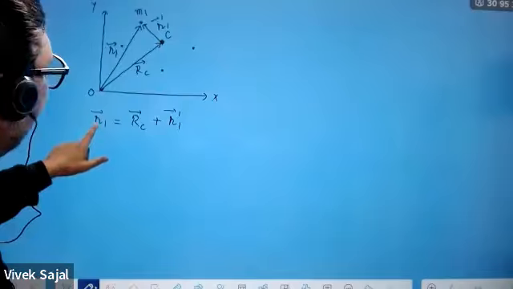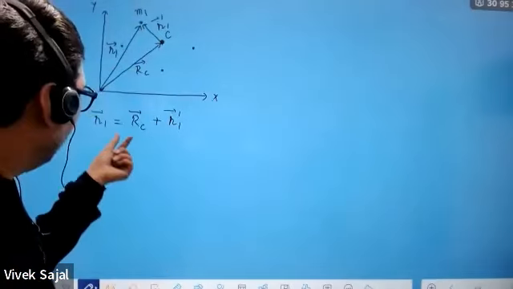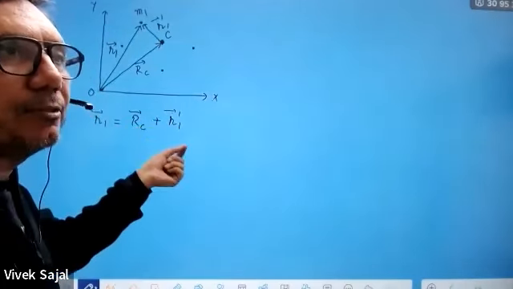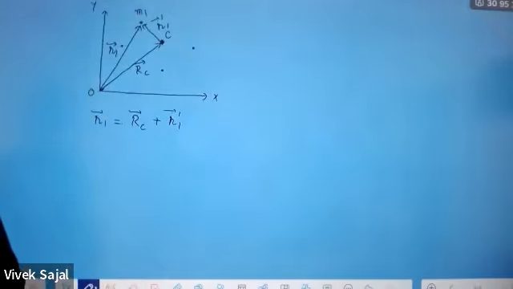So what I have written is the position vector of a particle as the summation of the position vector of the center of mass plus the position vector of that particle with respect to the center of mass. Now, what will be the momentum?